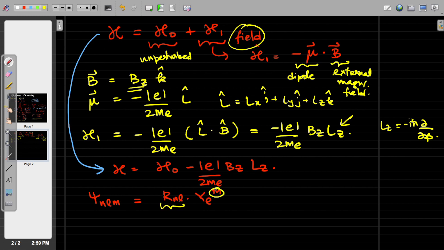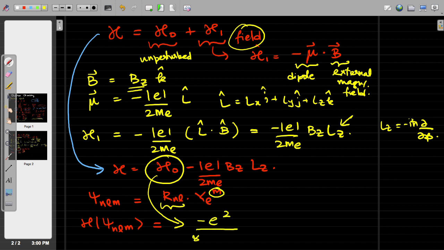So what ends up happening now is that when you operate the Hamiltonian on psi nlm, you are going to get whatever you got for the eigenvalue of energy, which is minus e square by 8 pi epsilon naught a naught n square, where n is the quantum number.